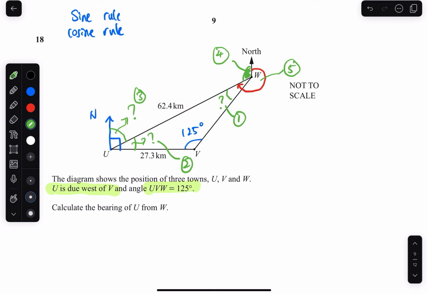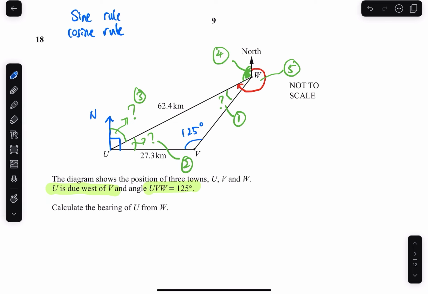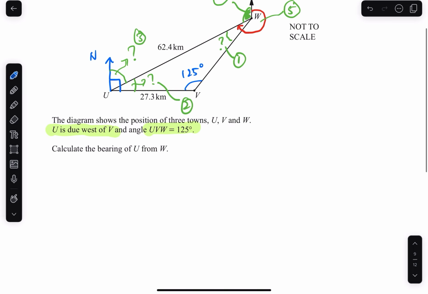So how do I find angle number 1? Angle number 1 is UWV. To find it, I will apply the sine rule. Let's write it down first. Step 1: find angle UWV.